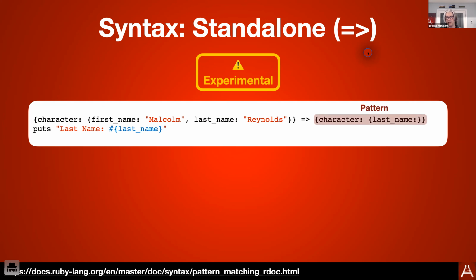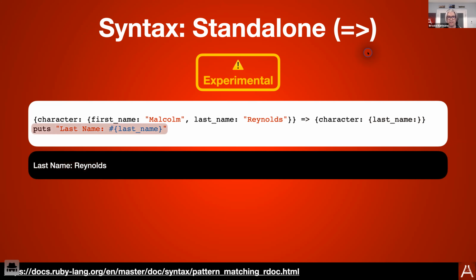So we're taking the character and we're getting the last name. And the way that we're going to do this is we're going to assign the last name to the value that's in the hash. And we're going to do that through a hash rocket. So Reynolds in this case is going to be populated with last name in this case. That's what this pattern is matching against. So when we finally do the put statement here, we've got a local variable pinned last name for that key, and it's printing out last name Reynolds in this case.